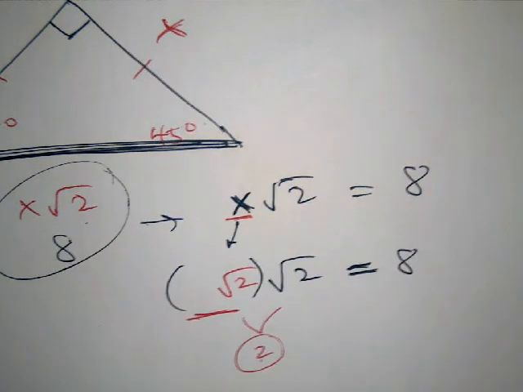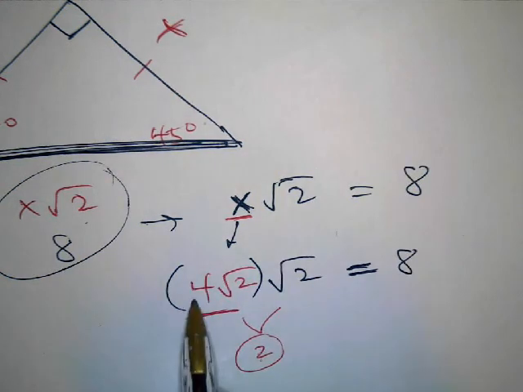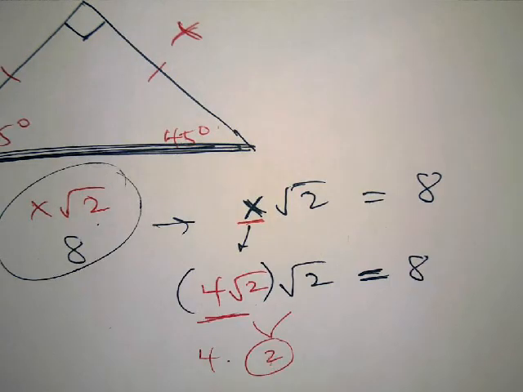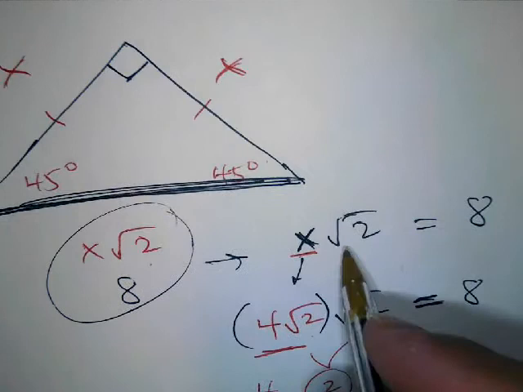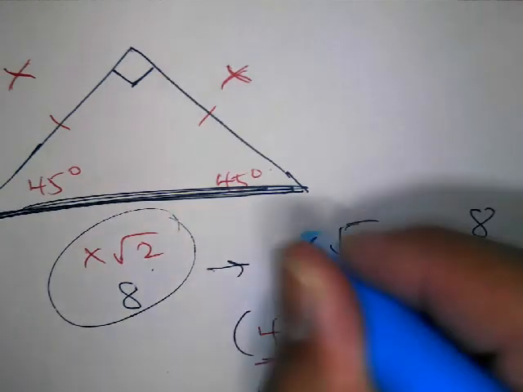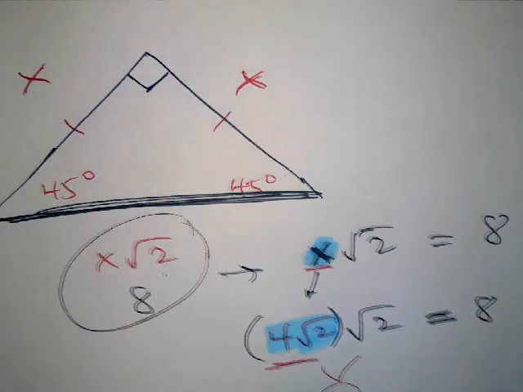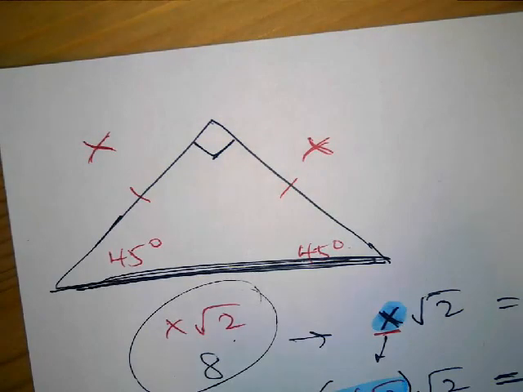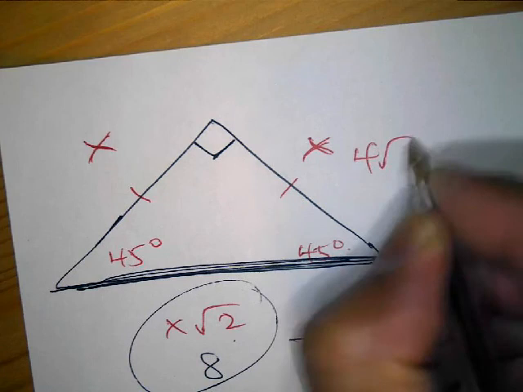When you multiply a square root of 2 times the square root of 2, that gives me a 2. And then you're like, okay, I got a 2. What do I have to multiply a 2 by to get to an 8? Well, 4. See, 4 square root of 2 times the other square root of 2, that's the same thing as saying 4 times 2. It's the fancy, tricky way, huh?